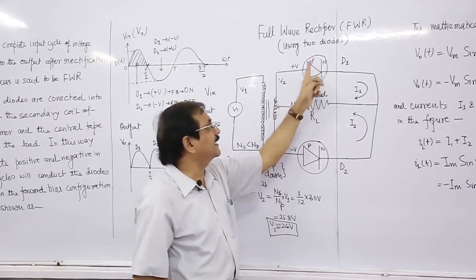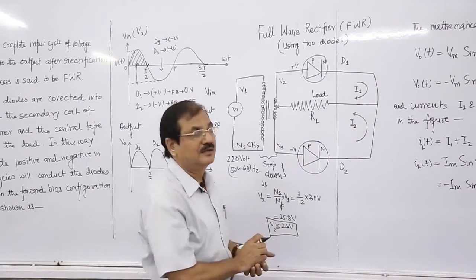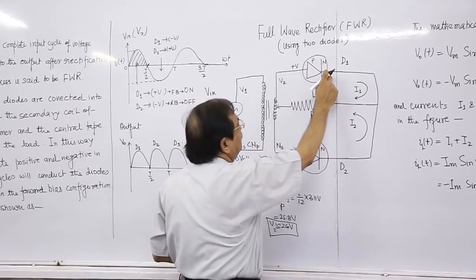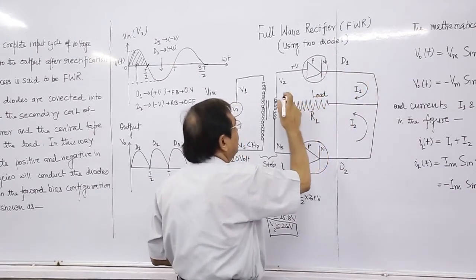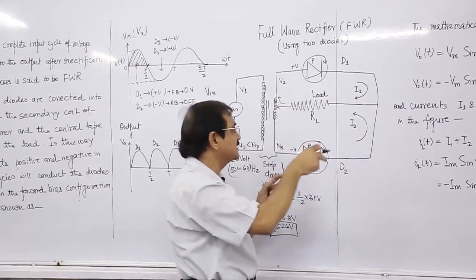So, if this circuit is connected, then there is a current I1. This is positive potential, so current flows from P to N, through the load, and this one path is connected.